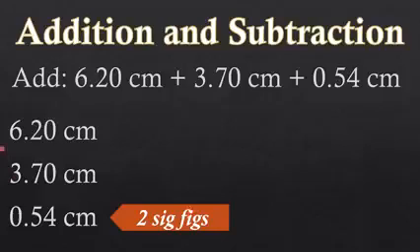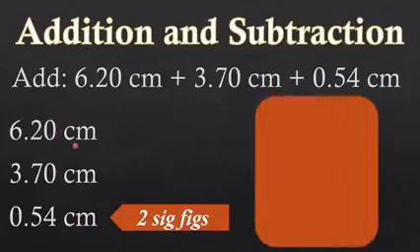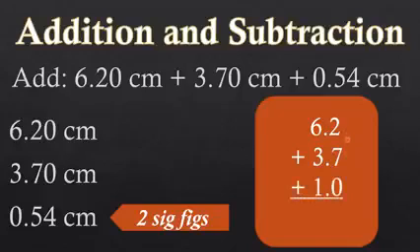So we need to round off each addend to 2 significant figures. That means yung 6.20 magiging 6.2 na lang, yung 3.70 becomes 3.7, and 0.54 when rounded to 2 significant figures, we have 1.0.